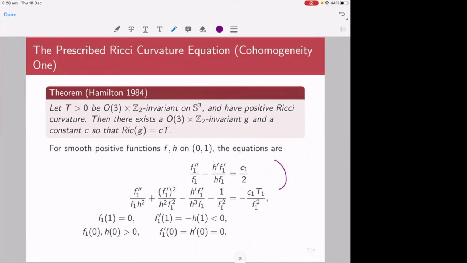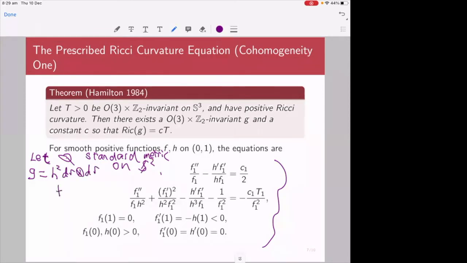Okay, this is a bit heavy perhaps. These are the equations. So what's going on here? Well, to describe all the functions here, I'm going to start off by introducing Q, which is the standard metric on the two-sphere. Then the metric G, which I'm trying to find, looks like this: h squared dr times dr plus f1 squared times Q restricted to the two-sphere.